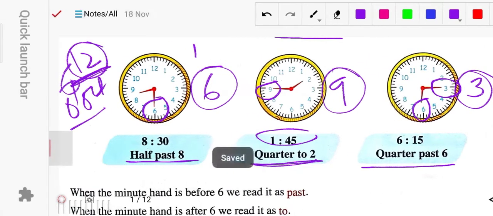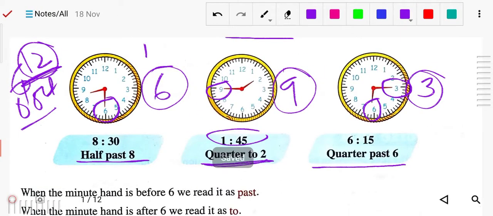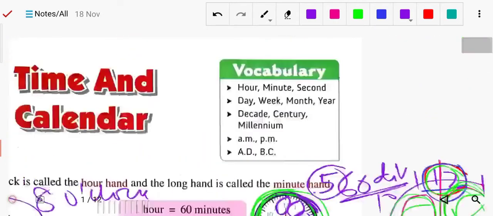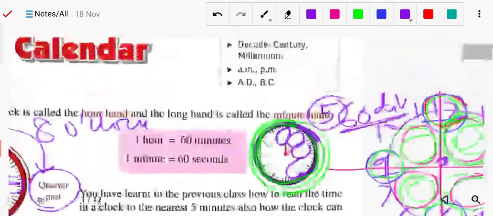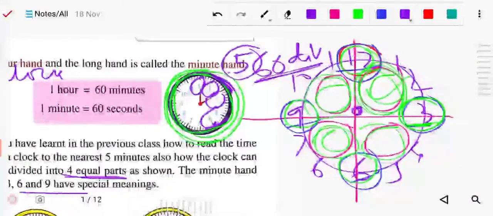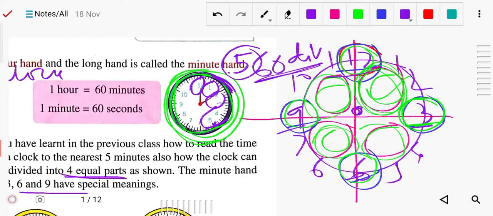If it is at the 3, you have to use quarter past. If at the 6, you have to use half past. If the minute hand is on the 9, you have to use quarter to. That's why I told you these numbers 12, 3, 6, and 9 have a special meaning.